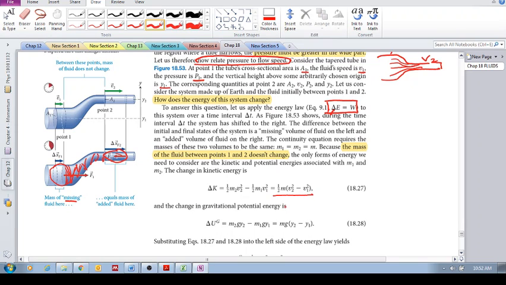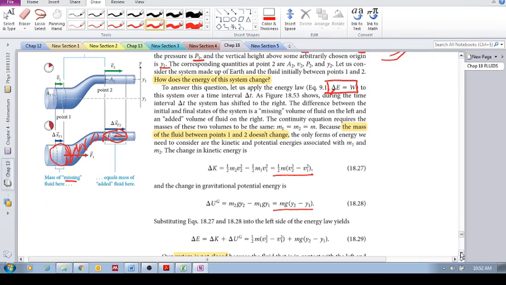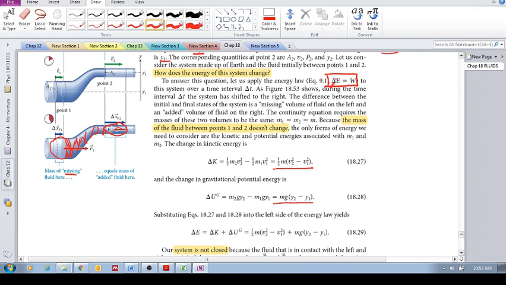And the change in gravitational potential energy is the potential energy of mass 2 minus the potential energy of mass 1, which gives us this. So the left-hand side of the equation then becomes delta E, the change in kinetic energy plus the change in gravitational potential energy, which then equals this.